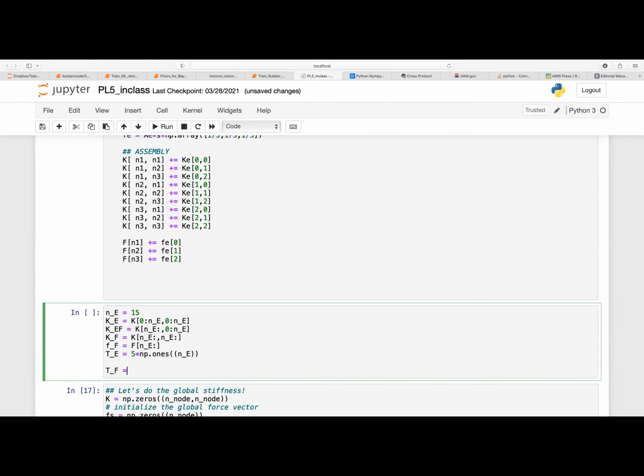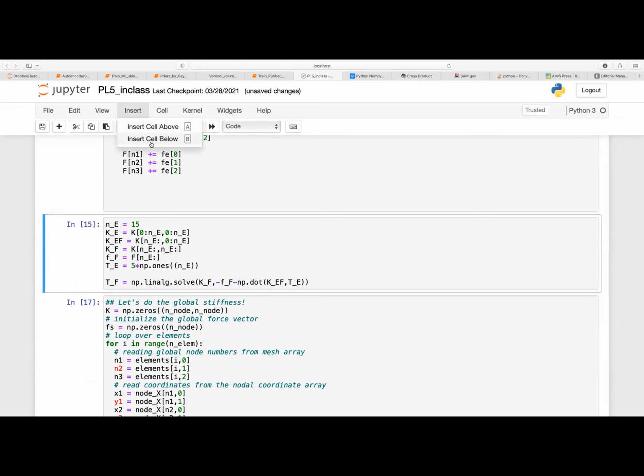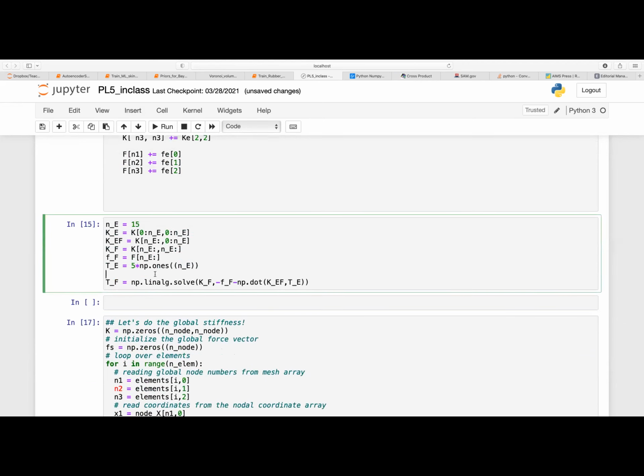So TF, which is the temperature at the free nodes, is just solve KF and then minus FF minus the dot product between KF and TE. This is exactly as it was for one of the previous labs. So that should have worked. And I'm out of time, but this is the solution.